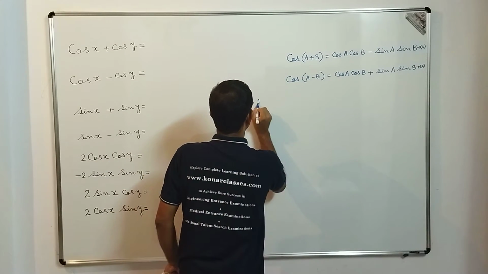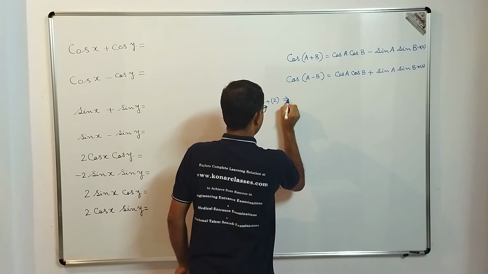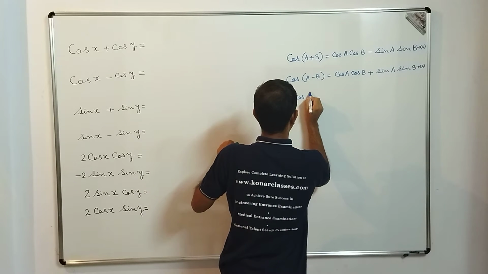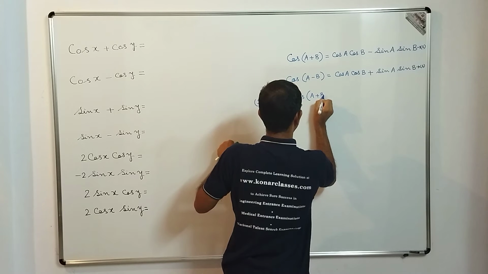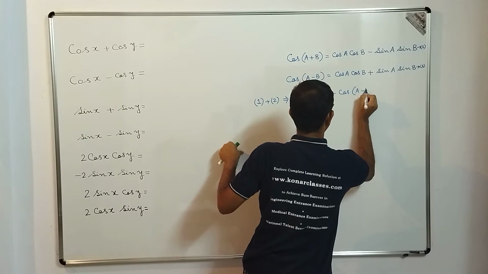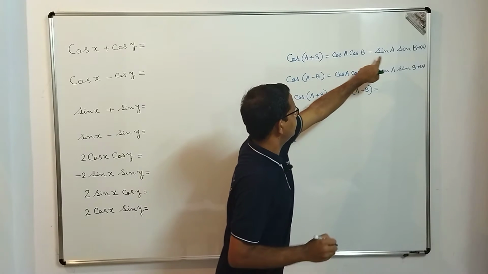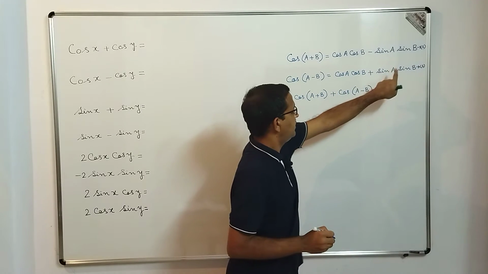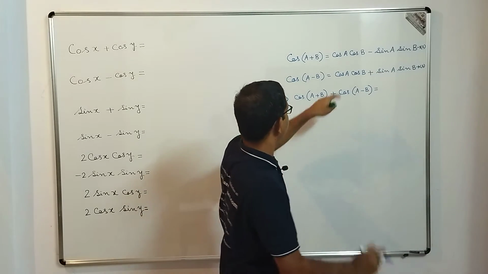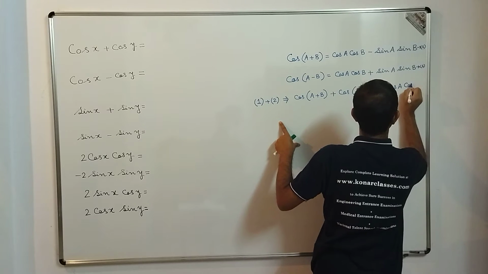That means if we add both sides of equation 1 and equation 2, on the left hand side we are going to get cos of A plus B plus cos of A minus B is equal to, you see that minus sin A sin B in equation 1 and plus sin A sin B in equation 2 will get cancelled when we add. Then in the right hand side we get 2 cos A cos B.